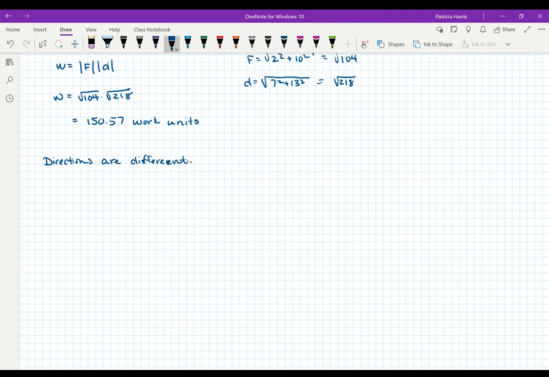Okay. So we have a tow line. Okay. And then the angle between is 30 degrees. Okay. So our force is going to be 50 newtons. And our displacement is 7,000 meters. So we have a work equation.